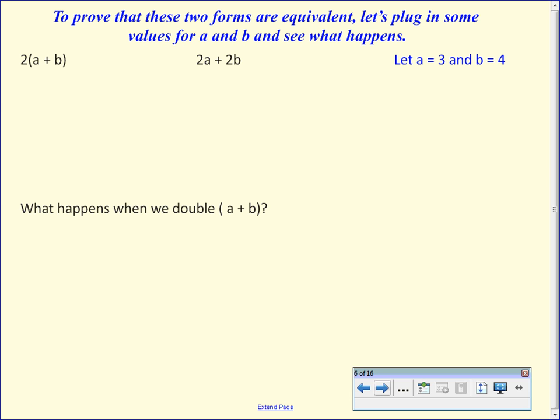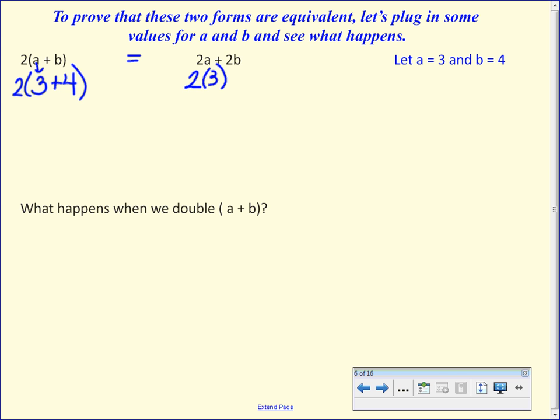So we have, write down the first expression. The first expression we did was two groups of A plus B. And I'm going to replace the A with 3 and replace the B with 4. Now I said that was equivalent to 2A plus 2B.